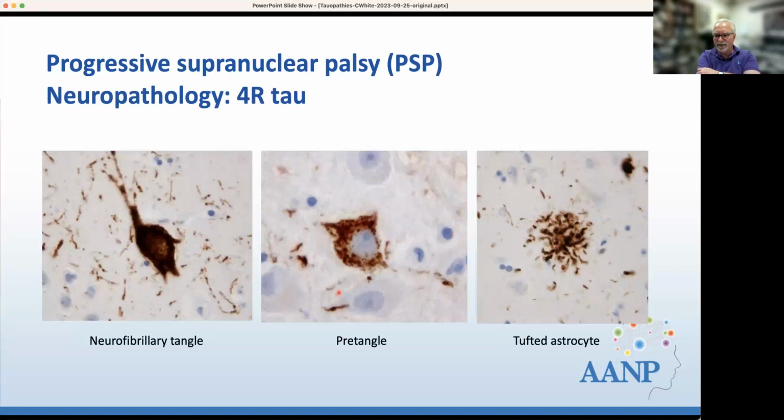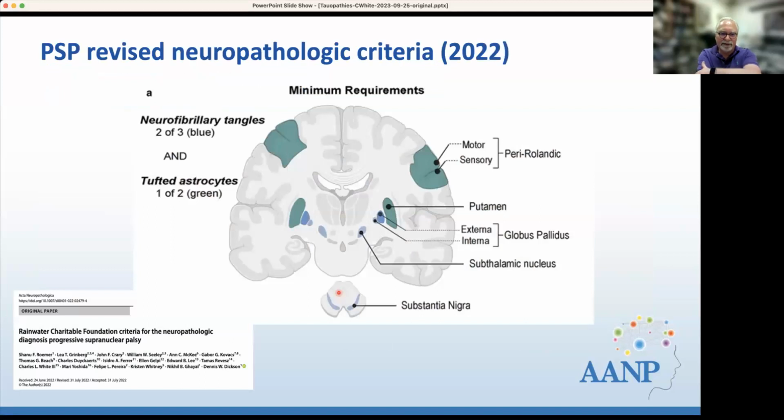And then finally on the right, an important astrocytic lesion in PSP is the so-called tufted astrocyte. Again, these are all 4R-restricted tau forms that are easily recognized by immunohistochemistry.